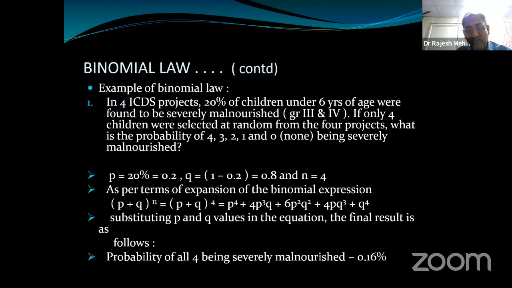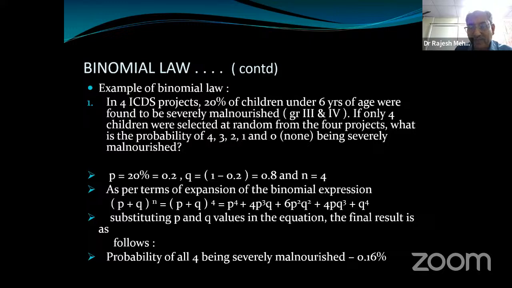Probability of all four being severely malnourished is 0.16%. So when you put 0.2 over here and make it to the power 4, then it is 0.2 into 0.2 into 0.2 into 0.2, right? So it will be 0.16%. So this is how the probability will work out.